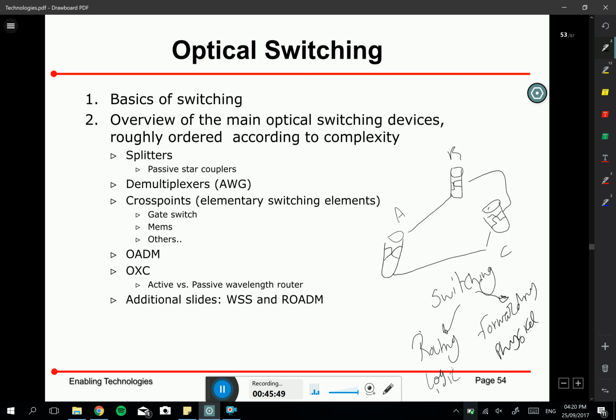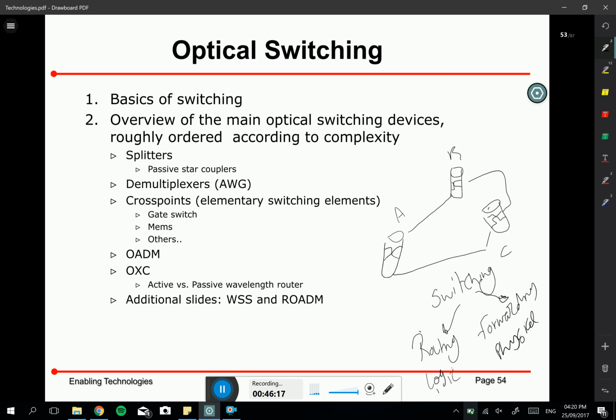It's complicated, no? Because every company would have its own interpretation of these terms. Typically, at layer 2, when you have an operation like this one, you say it's a switch: Ethernet switch, SDH switch, ATM switch. At layer 3, they call it routers. You do the same thing. You read a header and you decide the output.